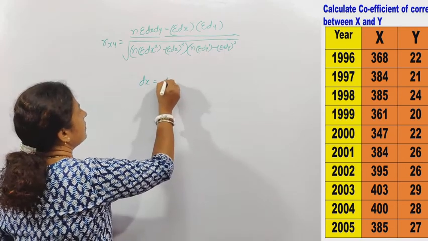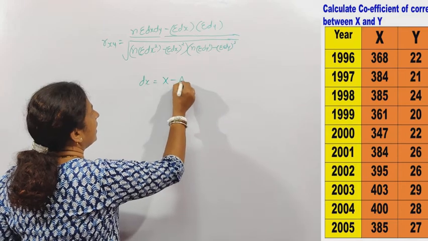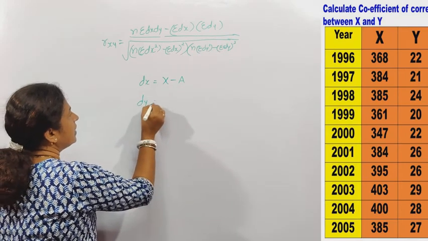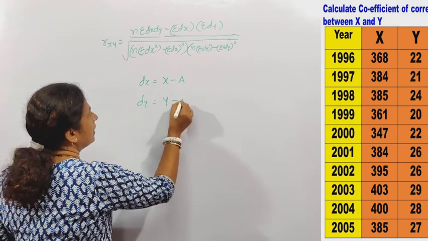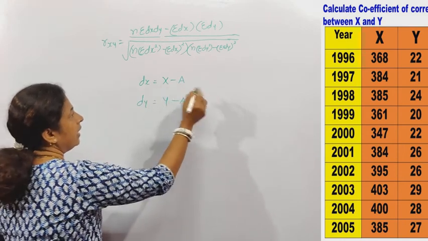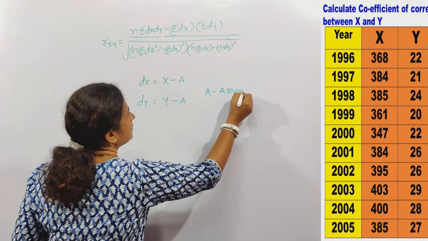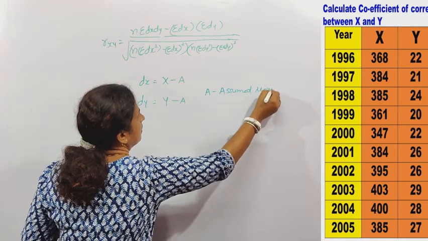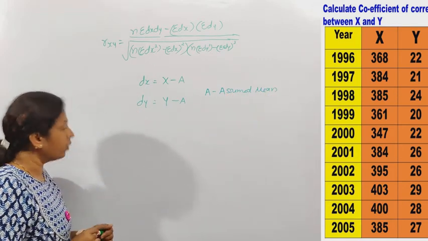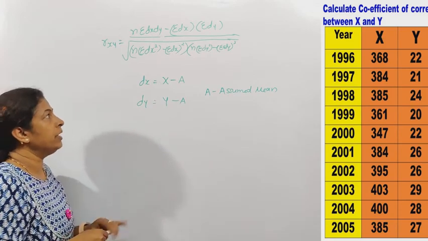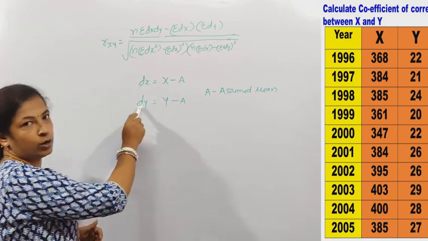So dx is x minus a. Next dy is equal to y minus a. Here a is nothing but the assumed mean. Is this clear? Okay. So with the help of the assumed mean, we can calculate dx and dy columns.